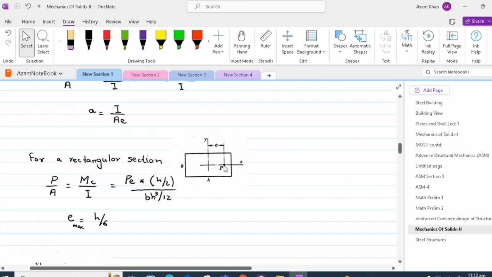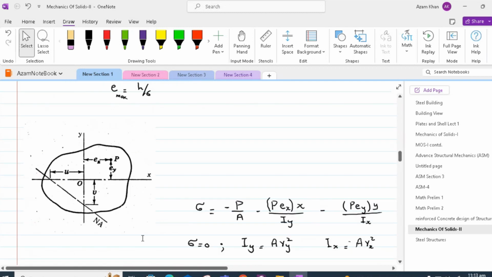Thus, if the load lies within h by 6 of the centroidal axis along the principal x direction, it would ensure that no tension develops in the cross section. This expression is the basis of the well-known rule that in designing a masonry or other structures weak in tension, the resultant load should fall in the middle third of the section.